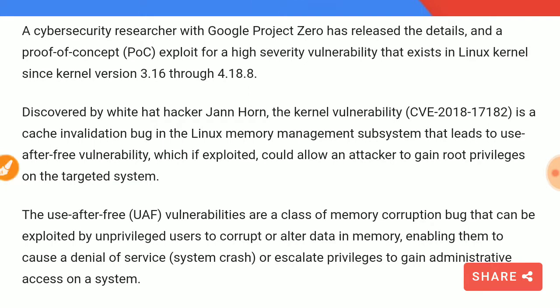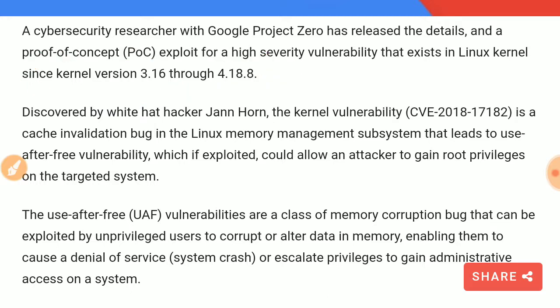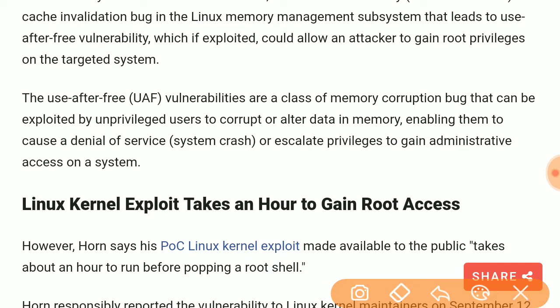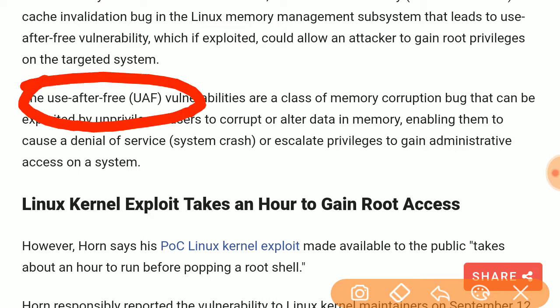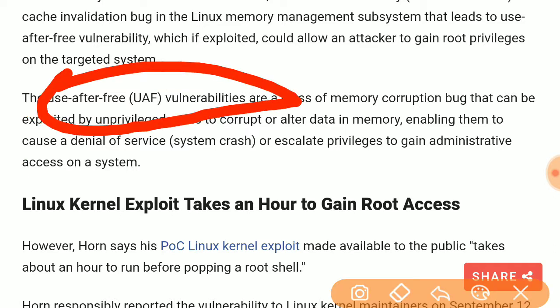Now, this exploit or vulnerability targets certain Linux kernel versions, and it uses a mechanism through a use after free vulnerability. This use after free vulnerability is a kind of vulnerability where, in order to access data, a CPU accesses a pointer to that data.